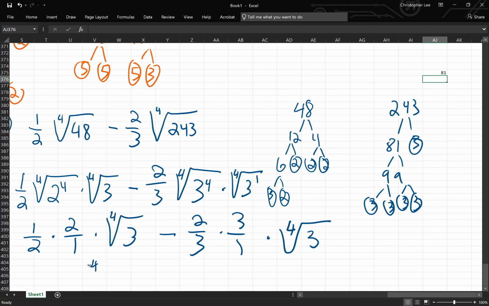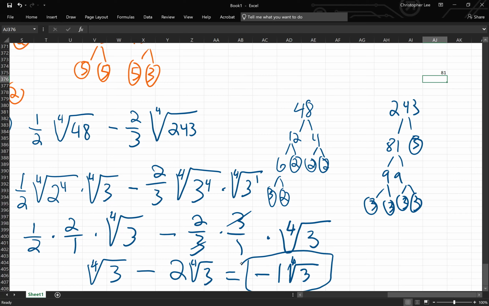So this is just the fourth root of 3. Minus 2/3 times 3, this is 2 fourth root of 3. And 1 minus 2 is what? Close. -1. So -1 fourth root of 3. That's it. Questions on this, anybody? Sorry about that.